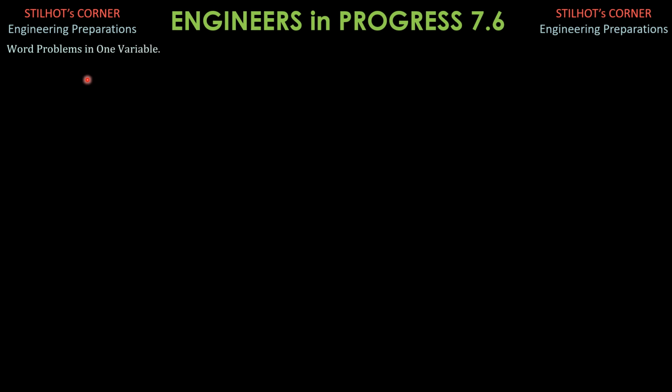And this part will help you improve, especially in your analytical thinking skills. So we have word problems in one variable, particularly on number relation problems. And these are the different situations and more. The rest is up to you to translate. You should be able to translate English to algebra. That's the key.